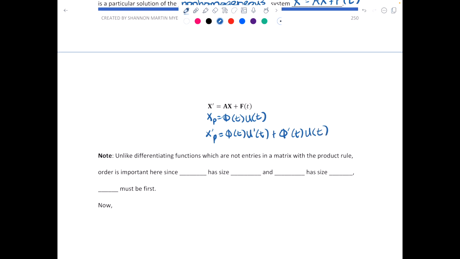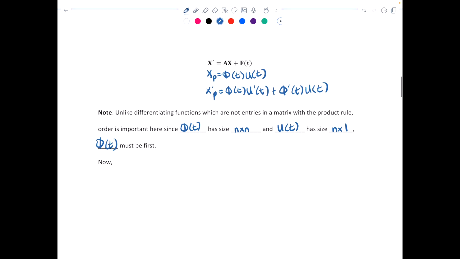Good so far? Awesome. Note, I'm just repeating myself about the dimensions. Unlike differentiating functions, which are not entries in a matrix with the product rule, order is important here, since phi at t has size n by n and u at t has size n by 1. Phi at t must be first, as does phi prime at t. Now that we have that going on, let's take a look at this x prime at t.